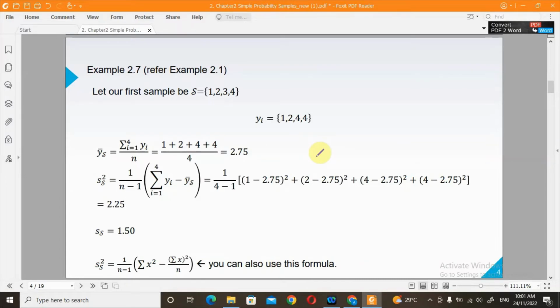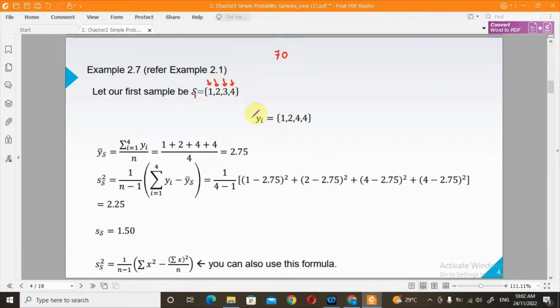All right, let's look at our first sample. Remember, we have 70 possible samples, and this is possible sample number 1. The respondents selected for possible sample number 1 are respondent number 1, 2, 3, and 4.